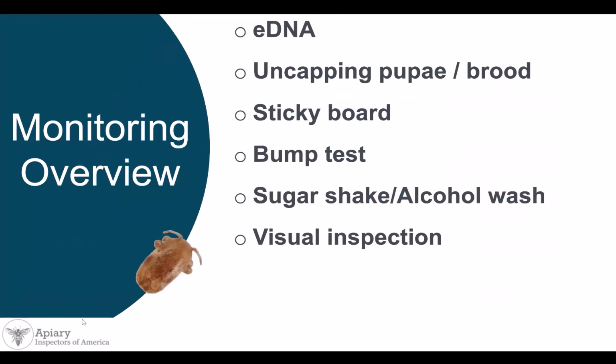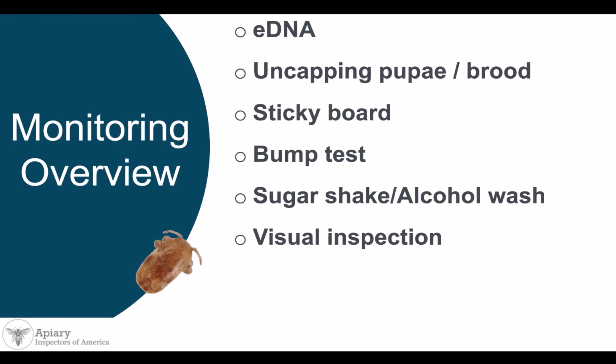Okay, so as far as monitoring, there's several ways that you can monitor for Tropilaelaps mite, because honestly, once you see them running across the frames, that's probably already pretty infested. When we saw them running everywhere, you're already in pretty bad shape. So this is listed from the most effective to the least effective.